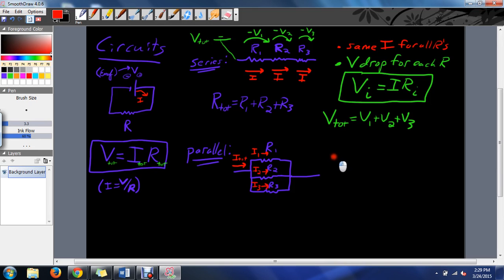So here we can write it like this. The current splits such that the individual current, so we're going to come up with an analogous equation for current here, solving for I, we divide by R and we get V over R.